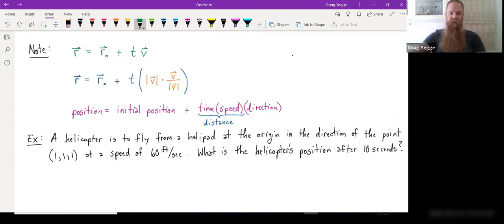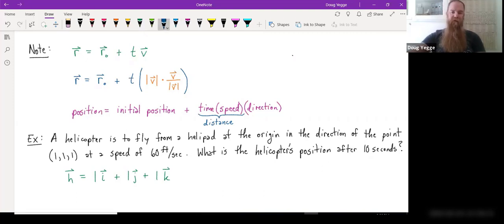I also know that the helicopter is moving from 0, 0, 0 to 1, 1, 1. So why don't we come up with a vector that defines where the helicopter is flying. So the helicopter is flying in the direction of 1i plus 1j plus 1k because it left from the origin.